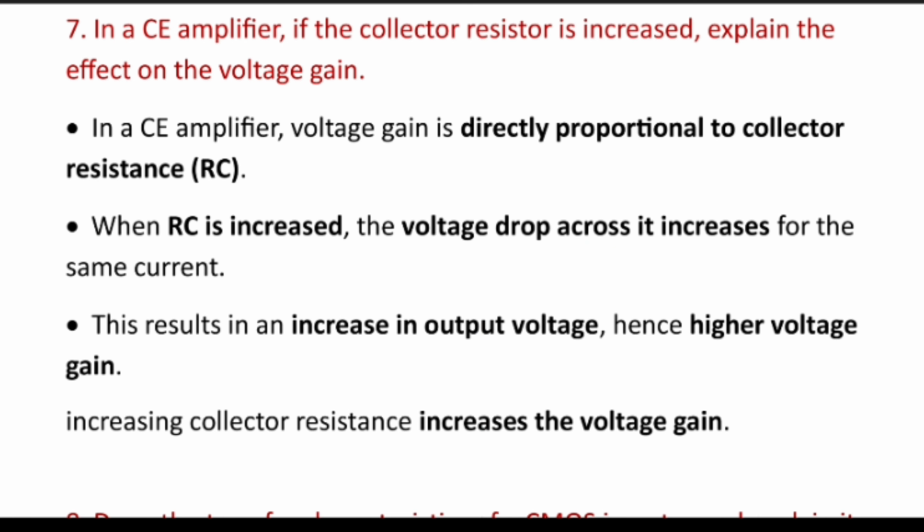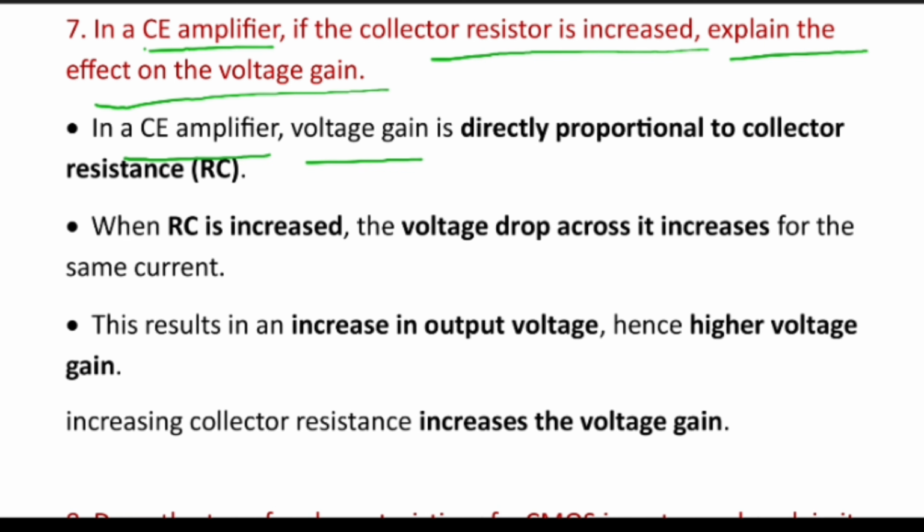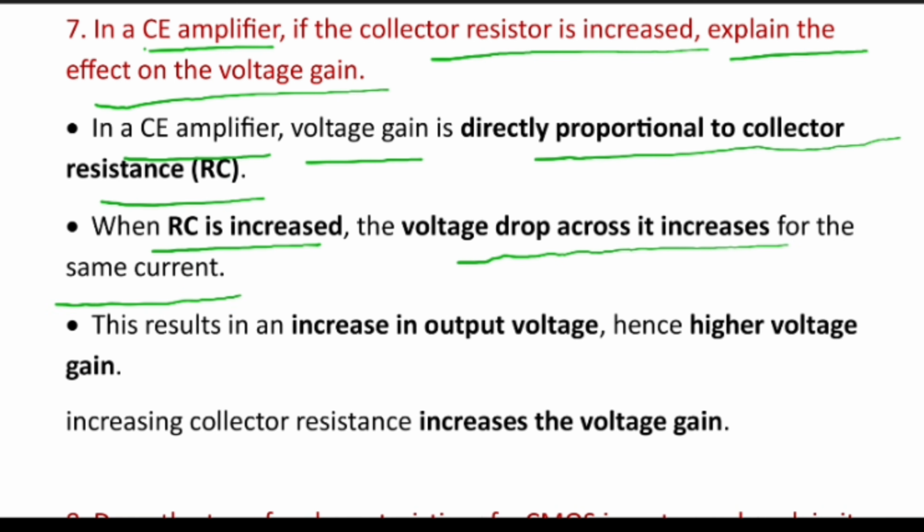Next: in a CE amplifier, if collector resistor is increased, explain the effect on voltage gain. In a CE amplifier, the voltage gain is directly proportional to collector resistance. When the collector resistor RC is increased, the voltage drop across it increases for the same current, resulting in increased output voltage, which leads to higher voltage gain.